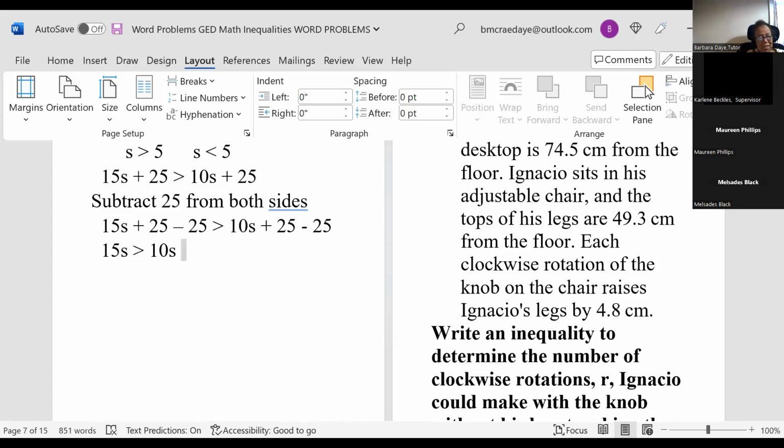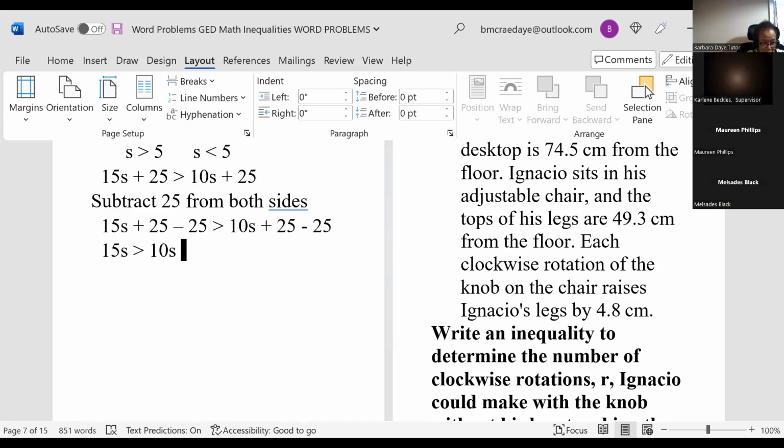So what did you do next? What I do next is I subtract 15 from both sides. No, you want just S on the left side.